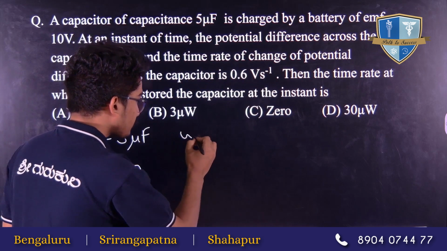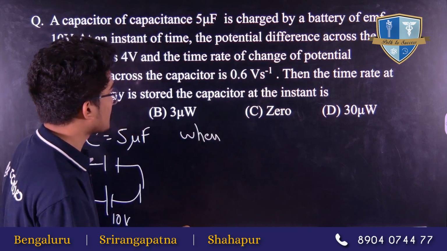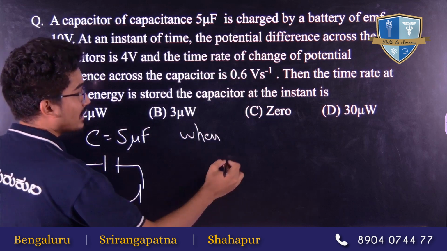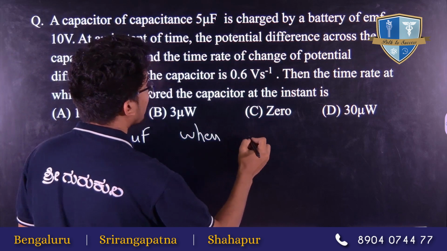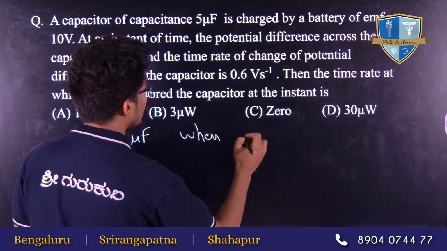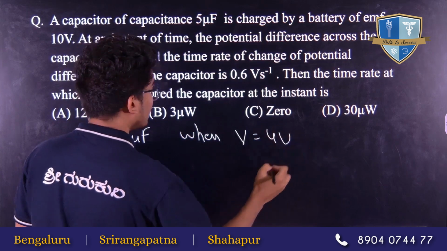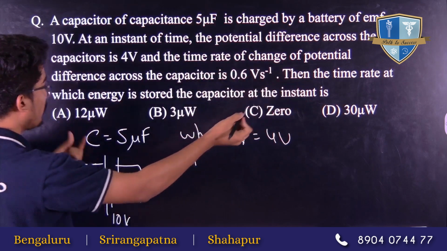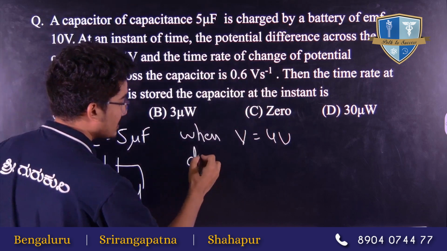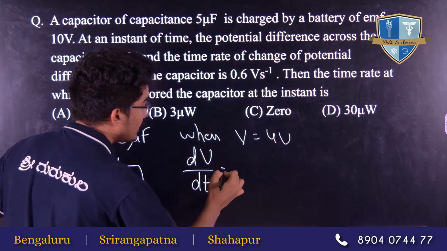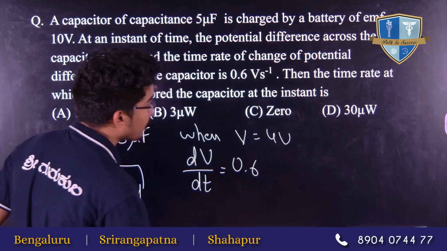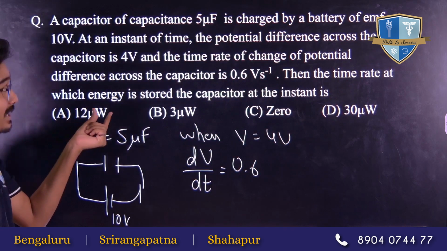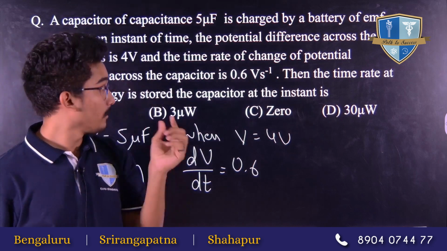So when potential across capacitance is 4 volts, at that time the time rate of change of potential across the capacitance, dV by dt, is given as 0.6.